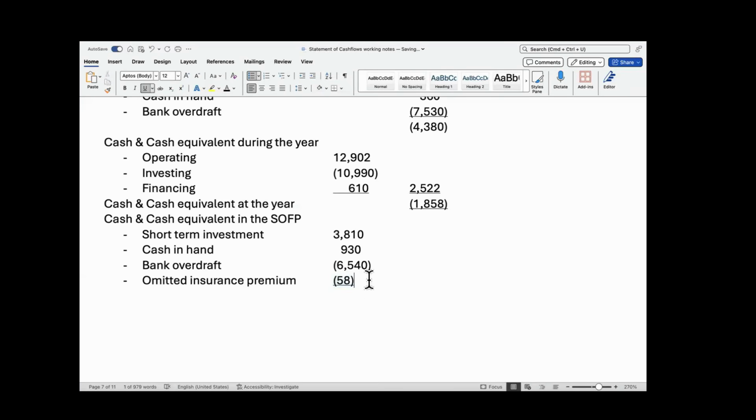So if you reconfirm, will you now give us 1,858? Correct, sir. 1858. Okay. So that's how you work on statement of cash flows. It's not difficult. Not difficult at all.